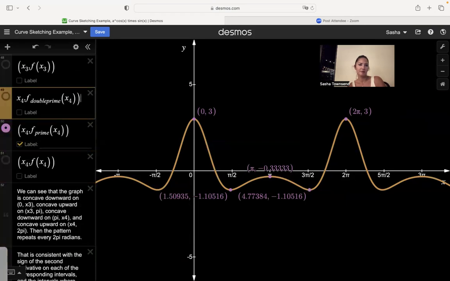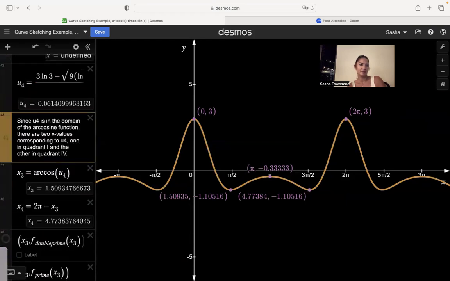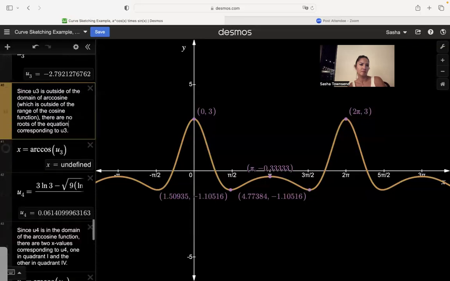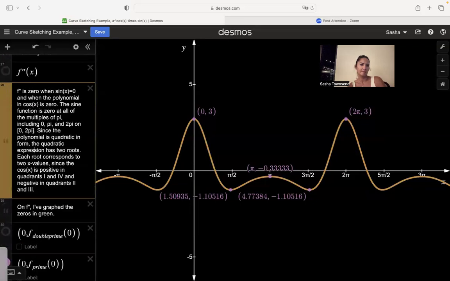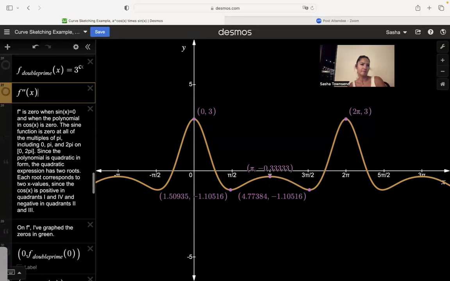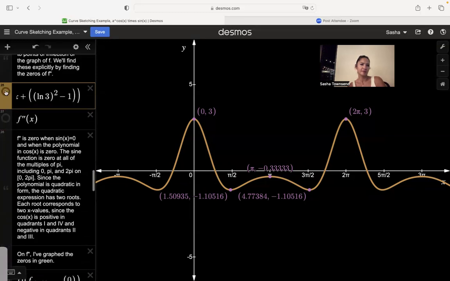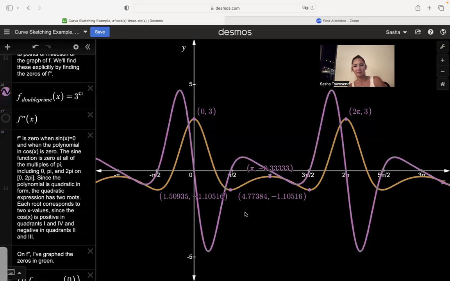If we graph f double prime at the same time, we see the relationship between the first derivative and the second derivative.